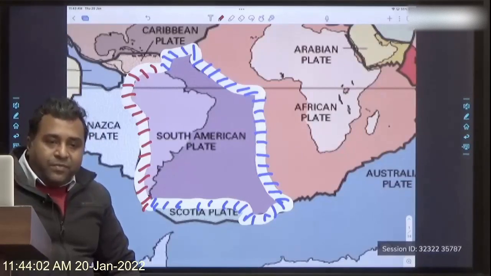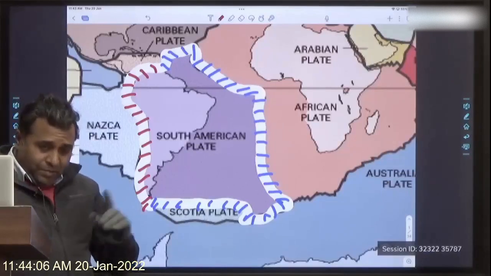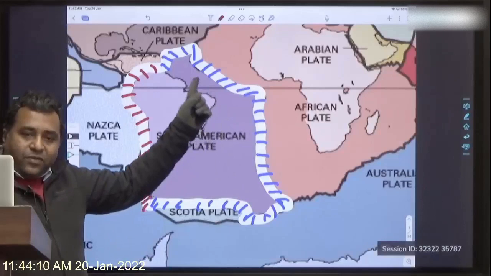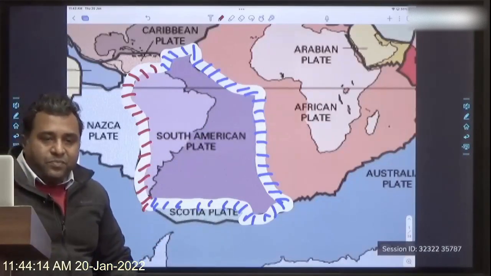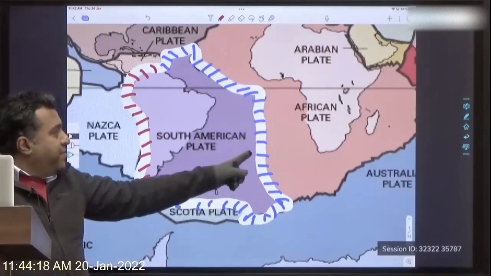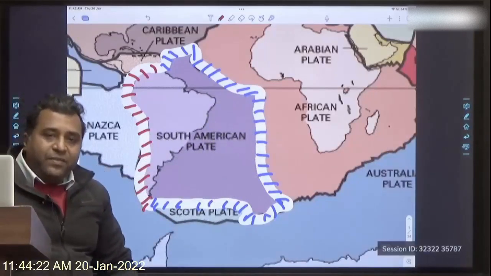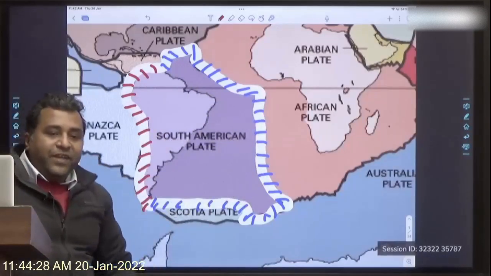I'm able to read most of them. So what does it say? Red color. From the red color side, it is continental plate. Right? And from the blue color side, this plate is an oceanic plate. Okay. Very good. So now in the same way, if I ask you from this blue color side, what is the African plate? African plate from the blue color side. This much of the blue color side, the African plate will behave like what?